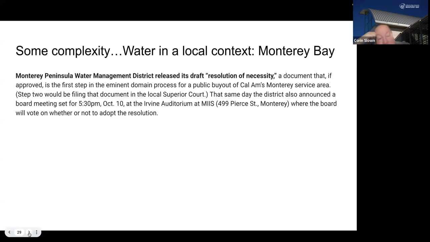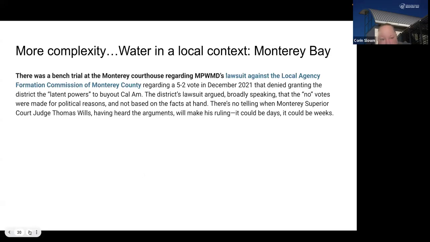It's important to notice that there's some complexity. There are documents that go through a review and approval process. An example is they have to undergo legal review by the local superior court and board review. That's one example, but it gets more complex.